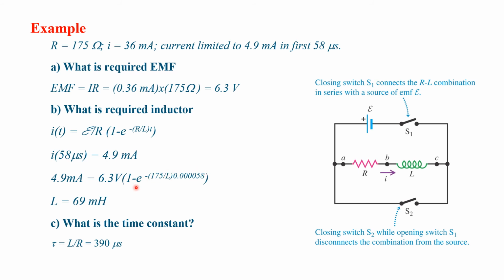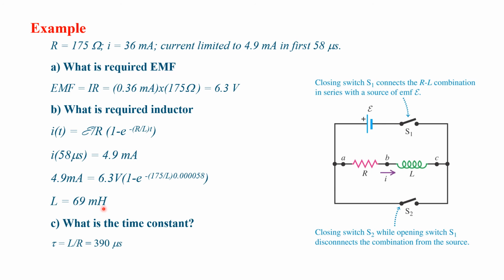So your target here is to solve for your L. You can solve this by taking the natural logarithm of both sides of your equation, and you get your L, which is equal to 69 millihenries. Since you have milliamperes here, you can just directly use your millihenries.